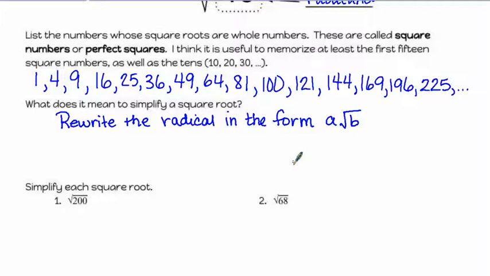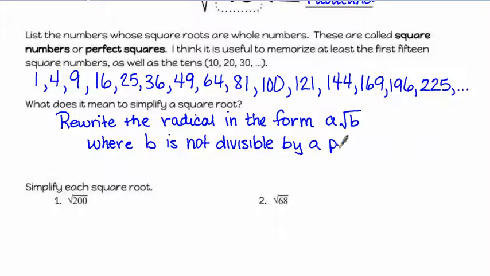But the most important part is that b is not divisible by a perfect square. So I have to have a value in that radical that is not divisible by 4, and it is not divisible by 9, and it is not divisible by 16.